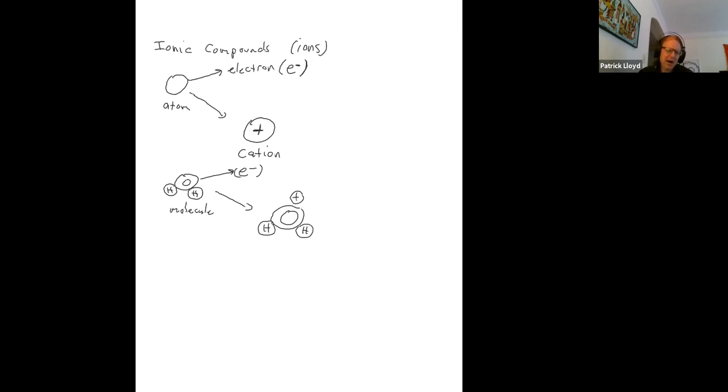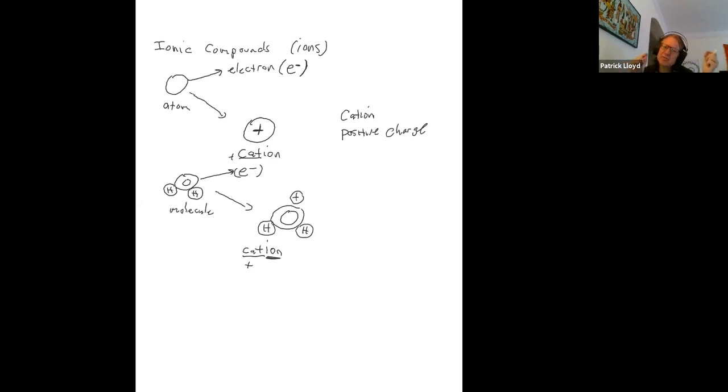So I'm just going to write a little positive above it, right? Okay. This is now an ion. In fact, it's a cation. Cat means positive. Okay, ion means it's charged. So cation literally means positive charge. It's something that has positive charge. That's a cation. So you can make cations out of molecules and you can make cations out of atoms.